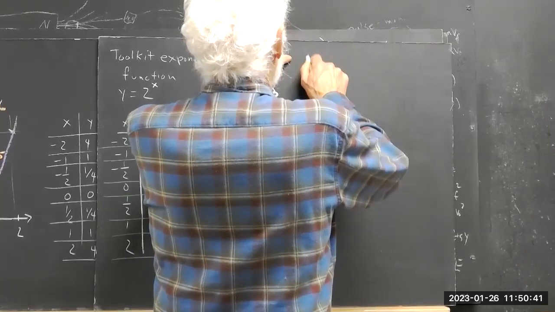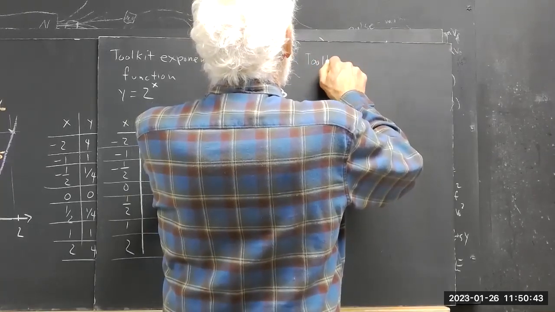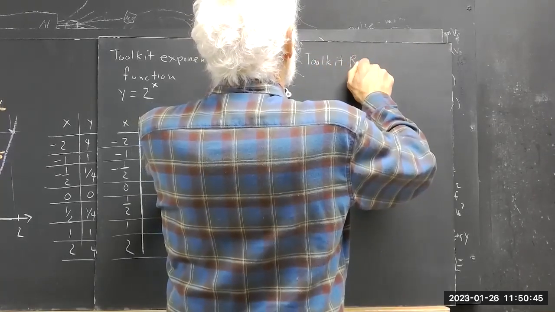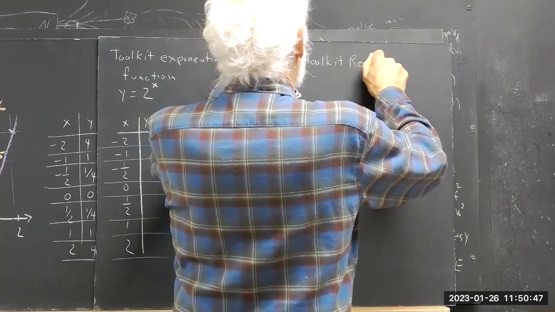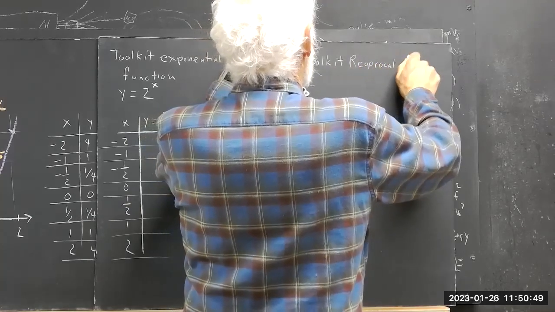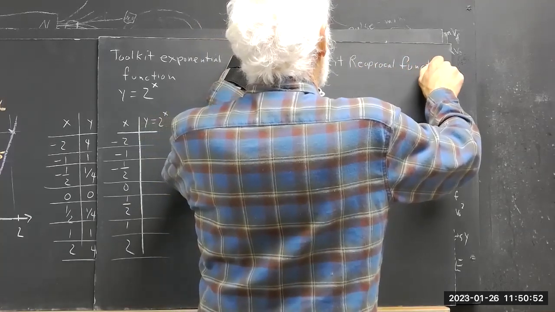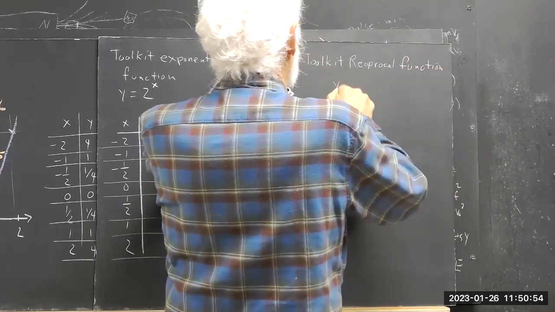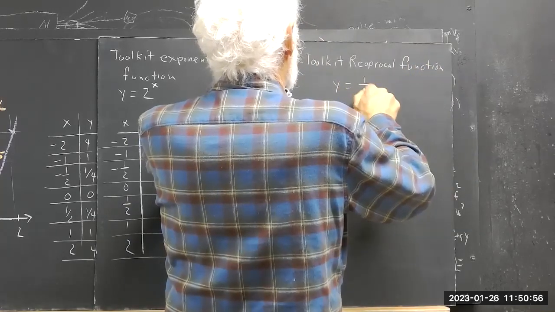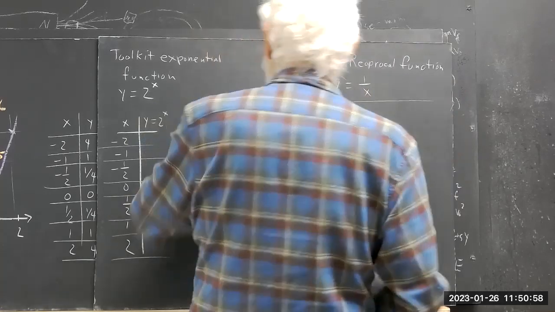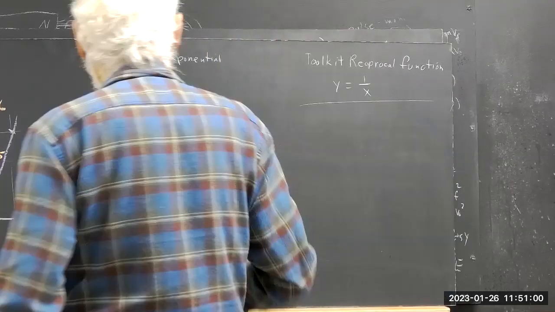In the toolkit, the reciprocal function is y equals 1 over x.